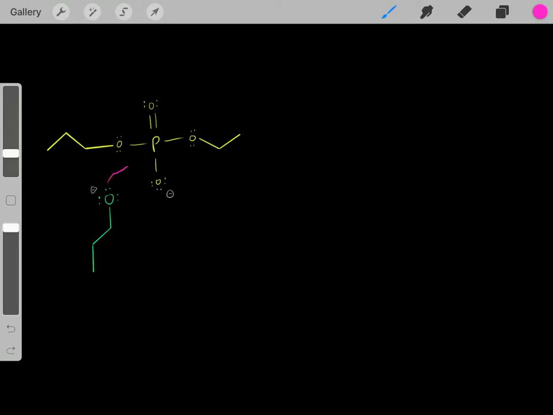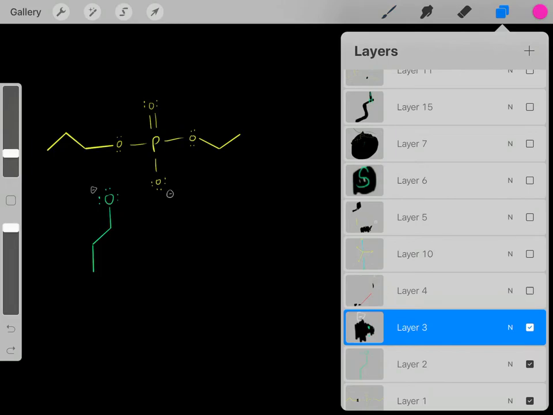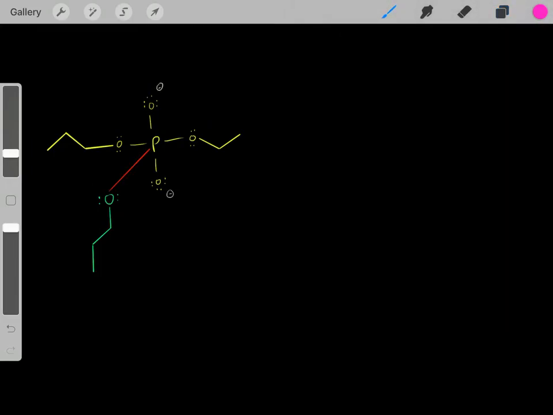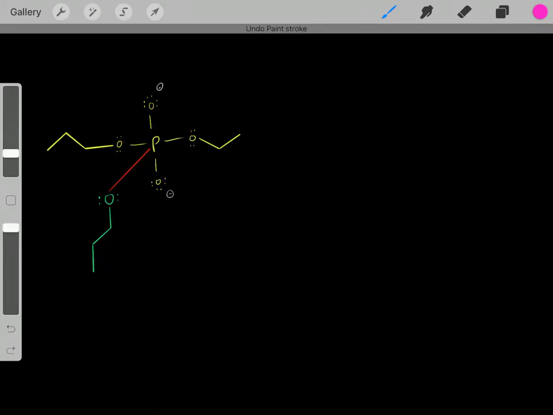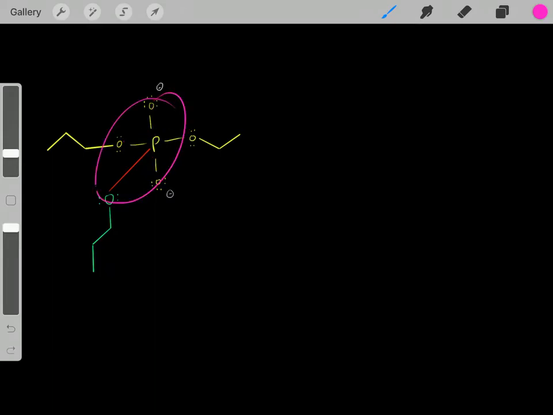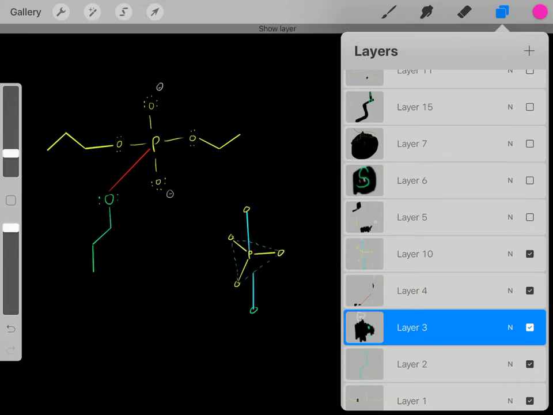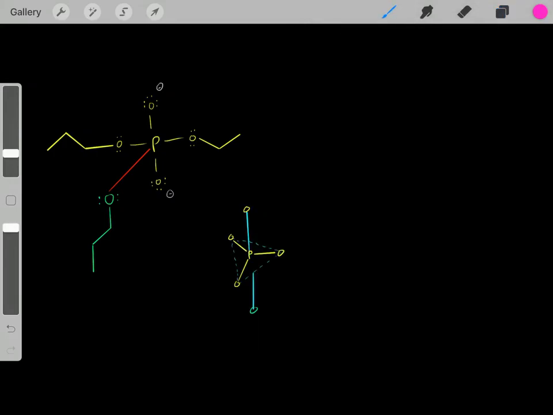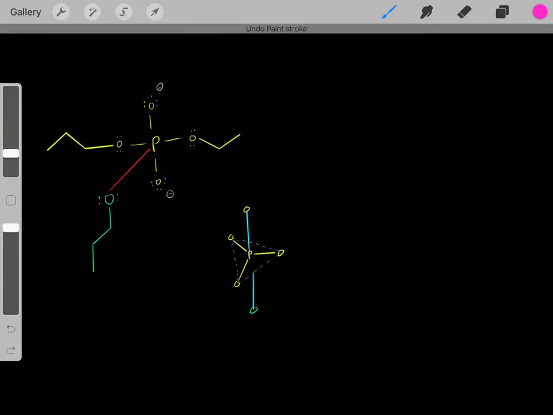We nucleophilically attack. When we attack, we form a bond. And when we form this bond, we push these pi electrons up on this oxygen. When we do that, we form this intermediate, which is referred to as a trigonal bipyramidal intermediate. And again, the geometry isn't very precise here, but more precisely, the geometry would look like this, where again, we have this triangle, this trigonal, and then we have this bipyramidal.